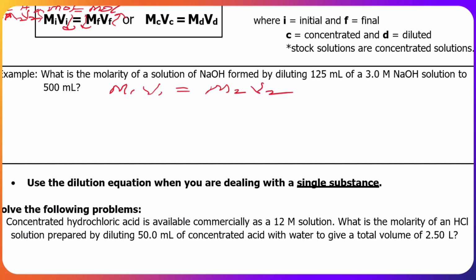Here's my 3 molar, because it's telling me I'm diluting this. So this is my higher concentration. I can tell that because over here I've got 125 milliliters of volume. And over here on the M2 side, I'm looking for my new concentration, but my new volume is the higher volume. That'll be 500 milliliters. So here we go.